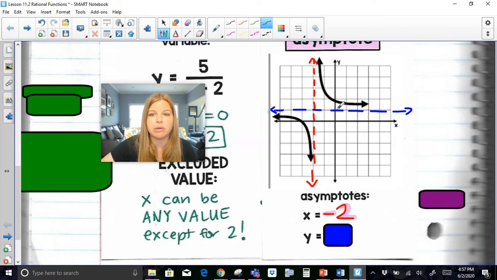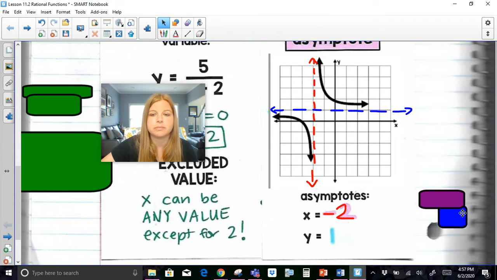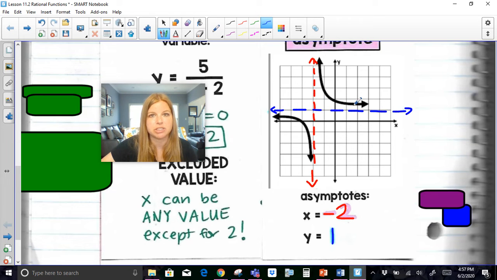That's at y equals 1. Okay, those are my asymptotes. So x equals -2 is this line here, and then y equals 1 is this line here. And those curves are going to approach it but never actually touch that line. That's what an asymptote is.